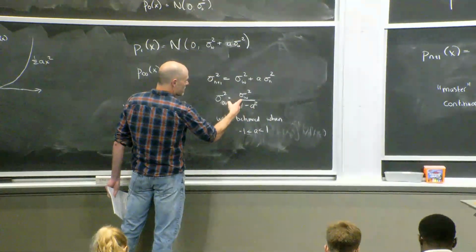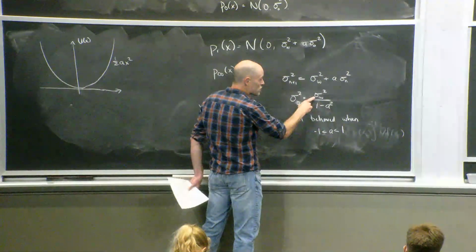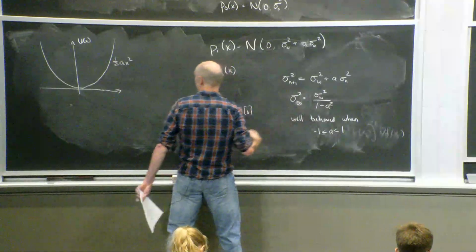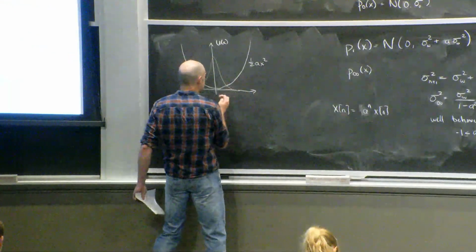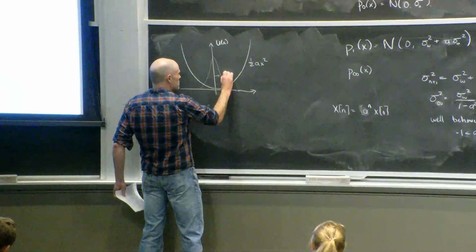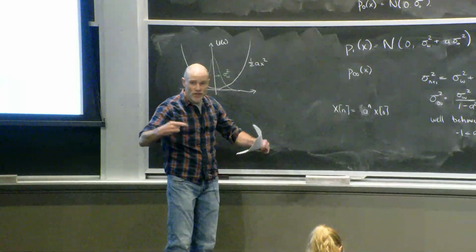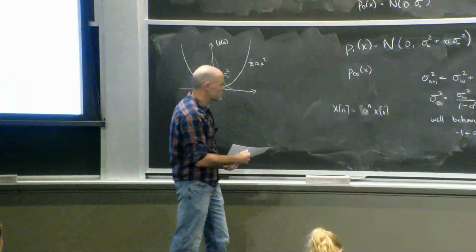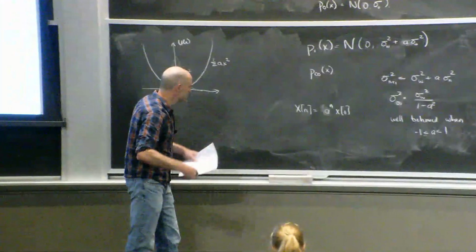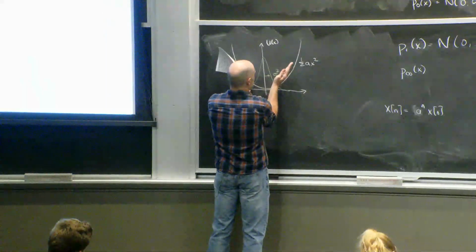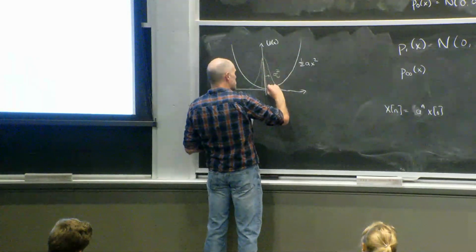And I get a steady state distribution, which is what? It's two things. It's the noise that's pushing me out. There's one force here, which is being pushed out by sigma w squared. And I've got another thing that's making me smaller. If a is closer to 0, then that's pushing me in. So if I make this sharper and sharper, then I'm going to get a sharper and sharper stationary distribution.